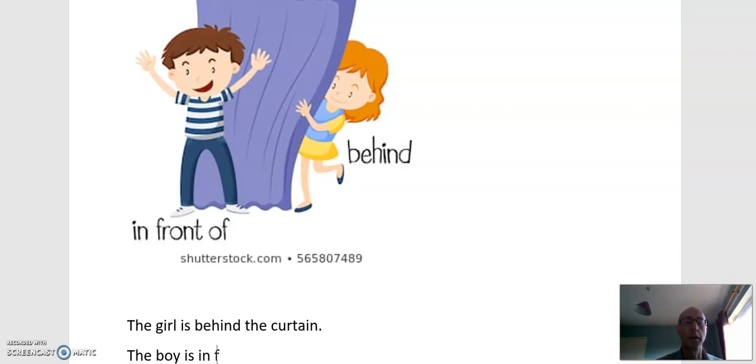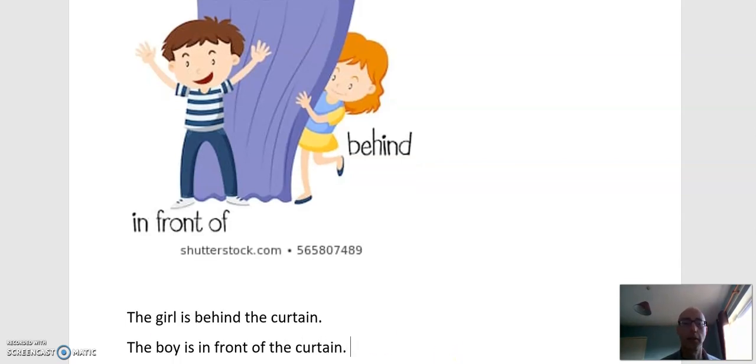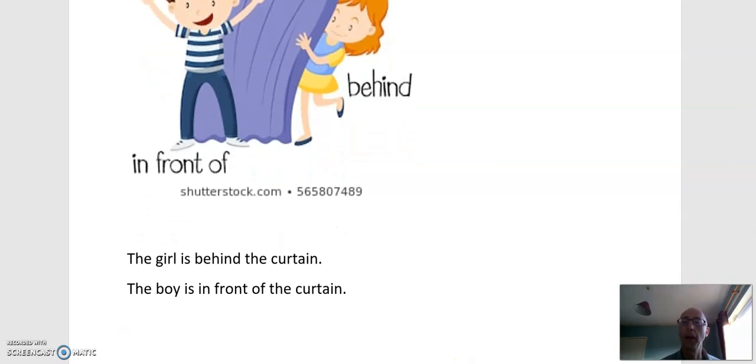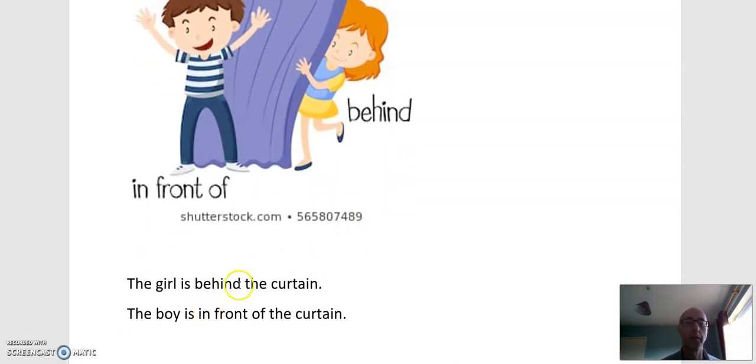The boy is in front of the curtain. Behind, in front of. Don't forget that when we use in front of, we need the three words, in front of.